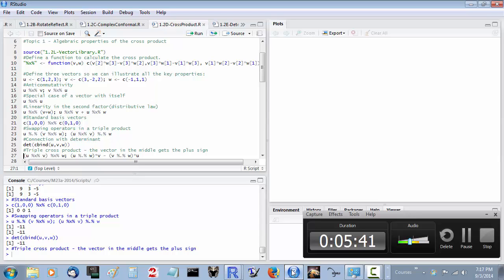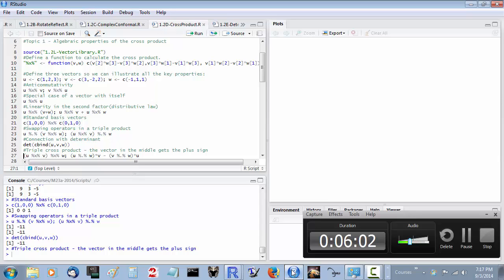In physics especially, you often have occasion to take the cross product of two vectors and then take the cross product of that cross product with a third vector. There's a simple rule for this that has only one thing that's hard to remember.